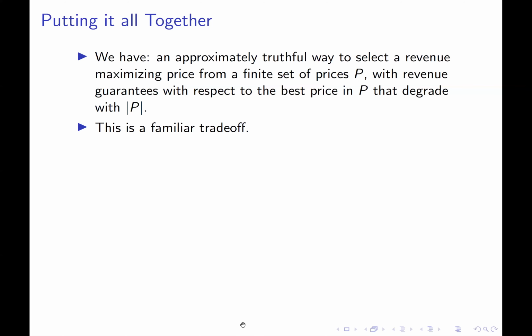This is, of course, a familiar trade-off. This is the same trade-off that we made in the last 2 lectures for the polynomial weights algorithm and the UCB algorithm, respectively, when we decided to define a finite number of prices to correspond to, in those cases, experts for the learning algorithms to follow.